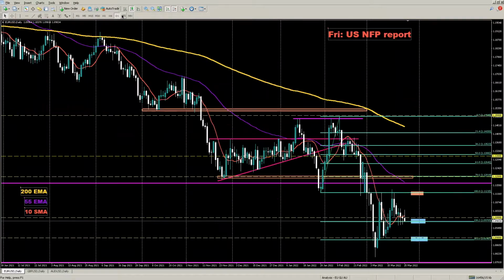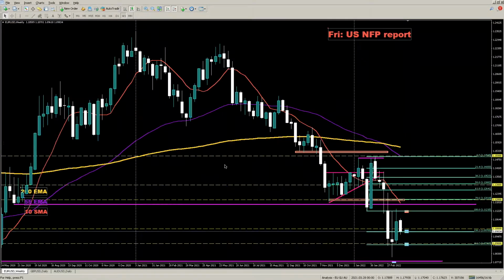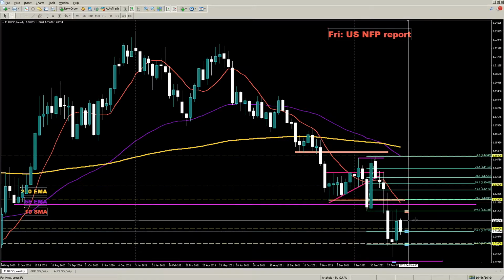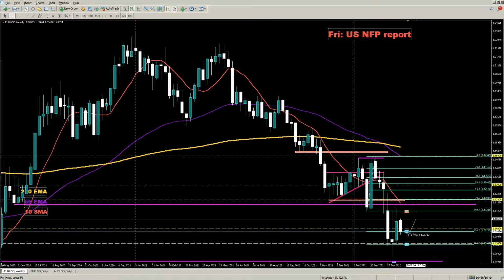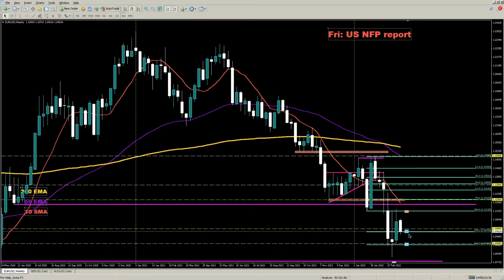We go to the weekly time frame. After the recovery the previous week and retest of the swing low, it has just consolidated in a fairly narrow range of only 105 pips or so.